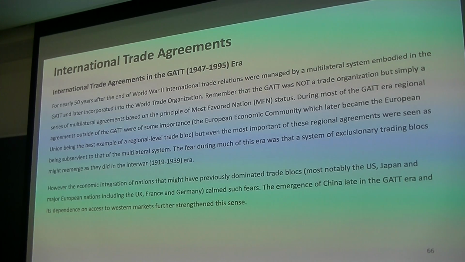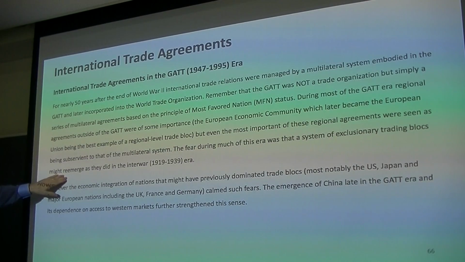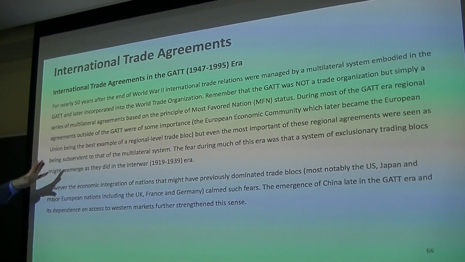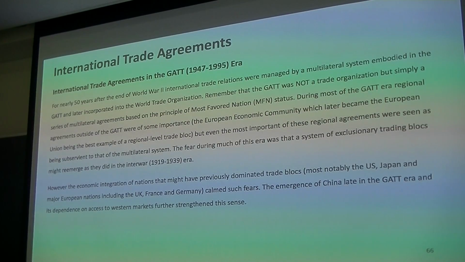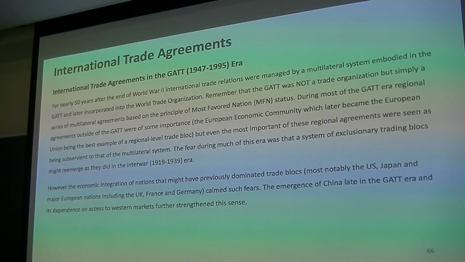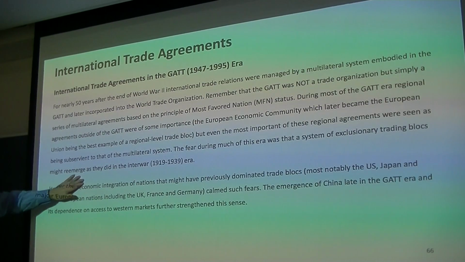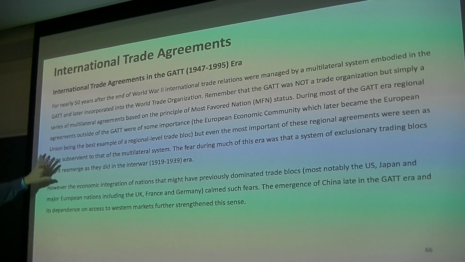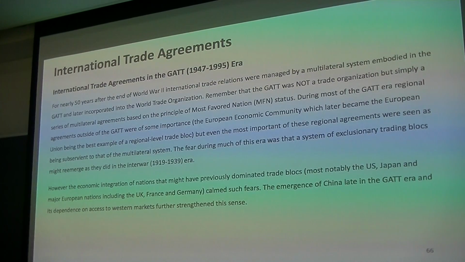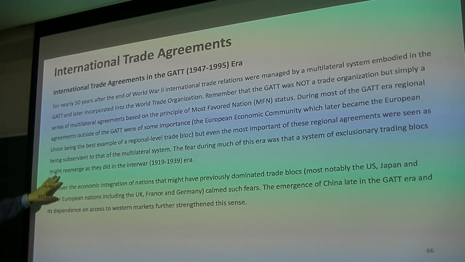There had been tremendous damage to the world economy and to the human population. It was a tremendous cost of that era. So, not surprisingly, the people who had experienced that, especially in the 40s, 50s, and 60s, still had direct memory of that period. And so their fear was that a system of exclusionary trading blocs might reemerge.